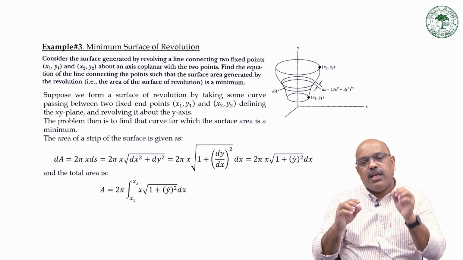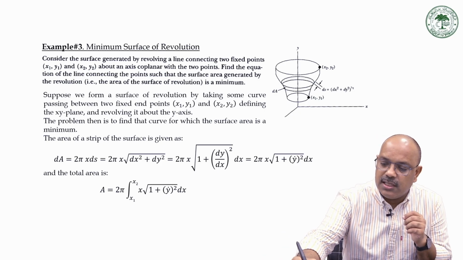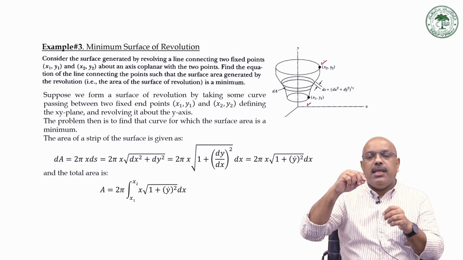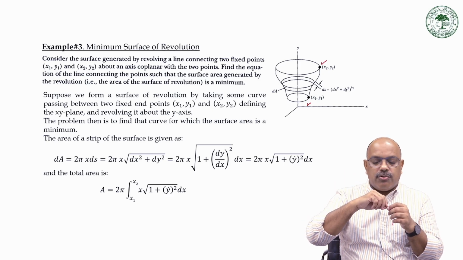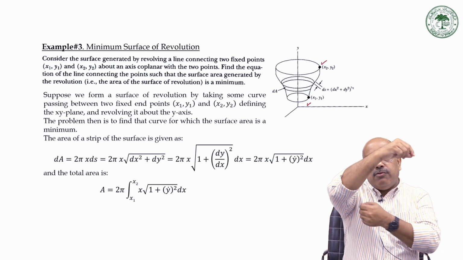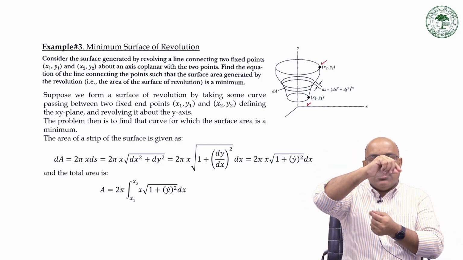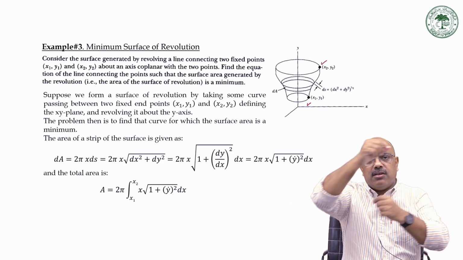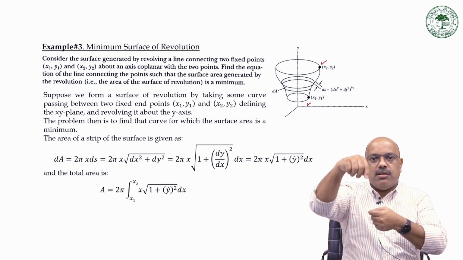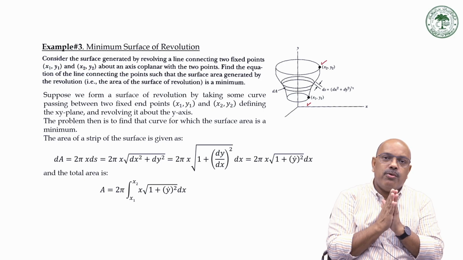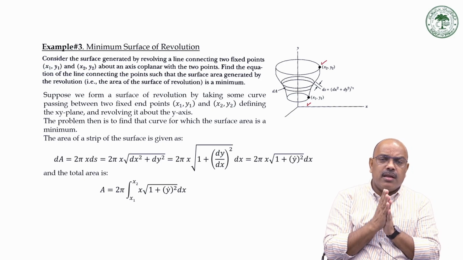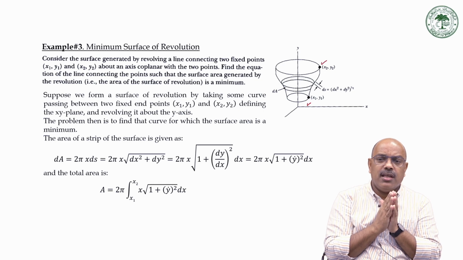If I have two points, x1 y1 and x2 y2 in the plane, and you draw a certain curve between them and rotate this curve about an axis, either the x-axis or the y-axis, what is the minimum surface area this curve is going to approach, depending upon the minimum criterion of the line integral that we have to find?